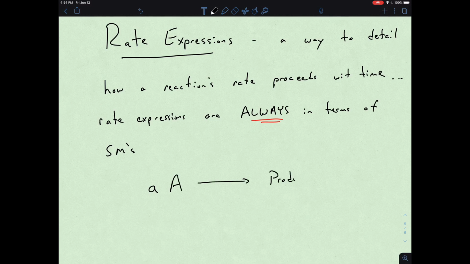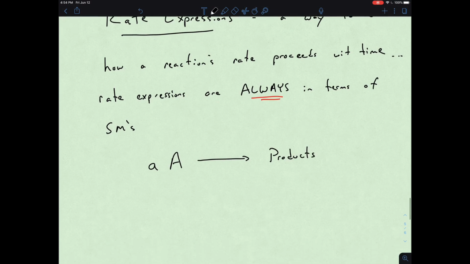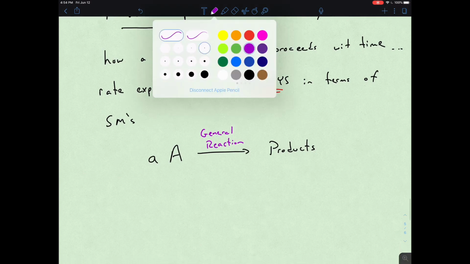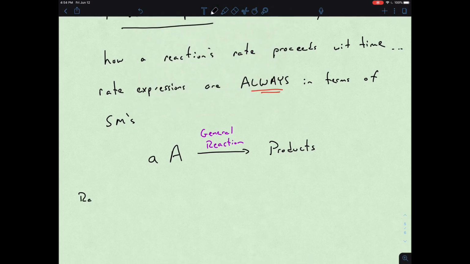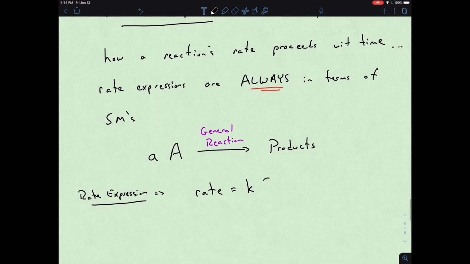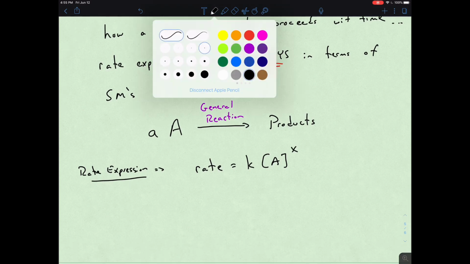say something that looks like this. Right, we could write this rate expression in terms of, okay, our rate is equal to little k times the concentration of our starting materials raised to the x power.